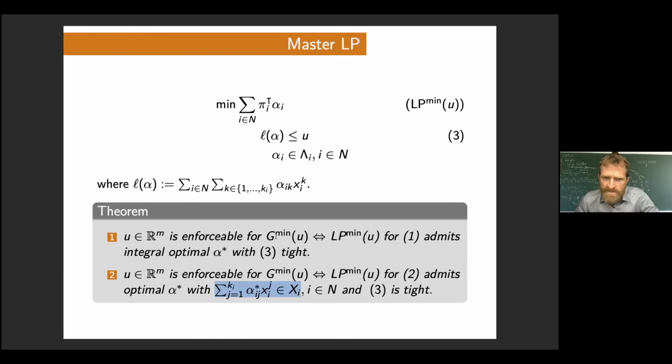So in the first case, the feasible points were just the integral points. Therefore, it suffices to say it must be an integral optimal solution. In the second application, you had these connected components. You might have, in principle, also non-integral solutions. But we require here the optimal solution to be primal feasible. This is the condition here in the second application.